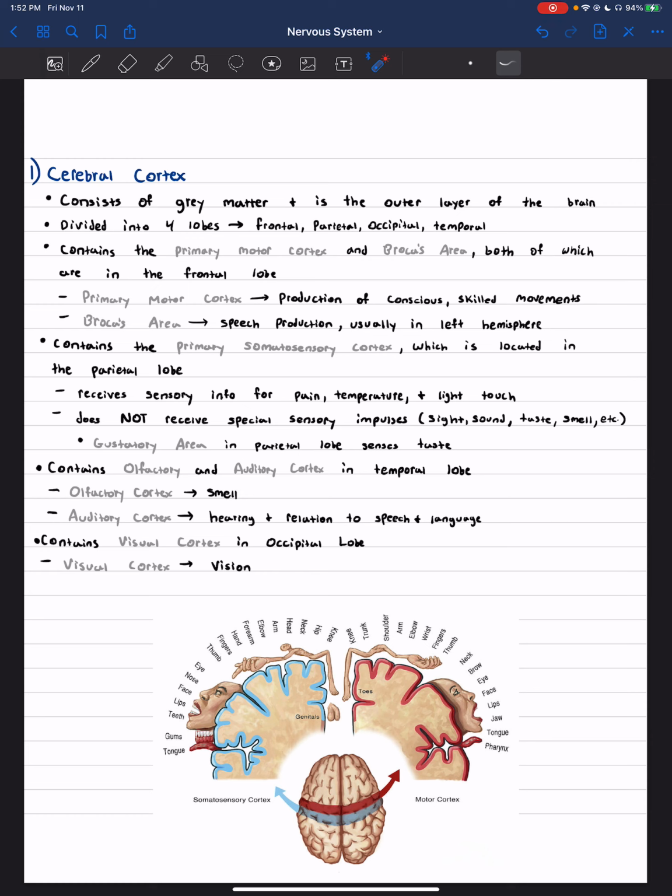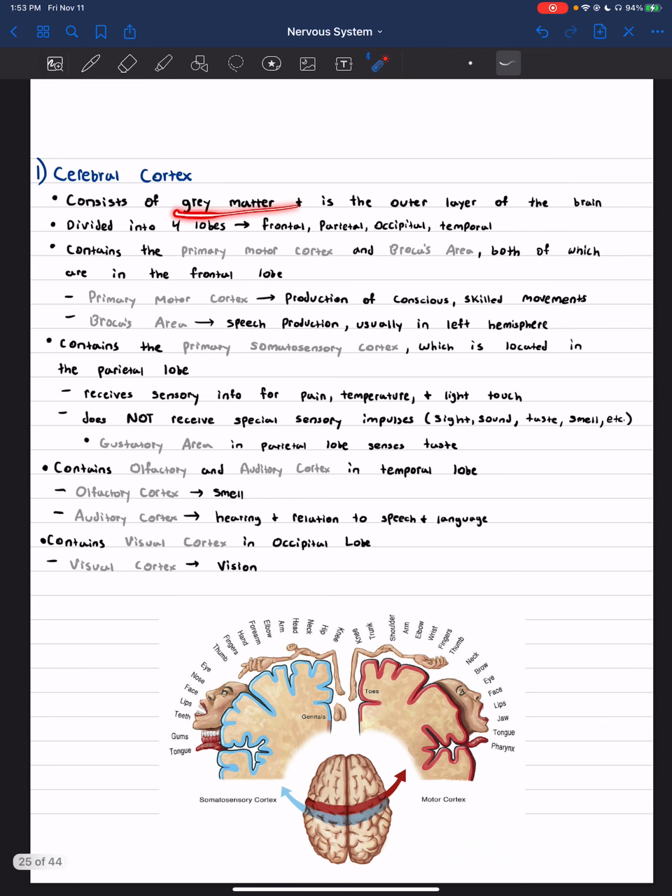We'll talk a little more about gray matter, but gray matter is essentially, consider it your cell bodies, your neuronal cell bodies, and white matter is the axon that's myelinated. Whenever you myelinate an axon, it'll have a white, shiny appearance, but there's no myelin on a neuronal cell body, so that's why it's gray matter. Again, it's divided into four lobes: frontal, parietal, occipital, and temporal.